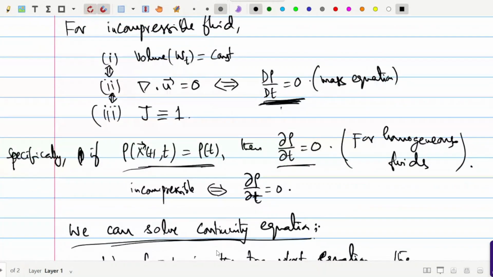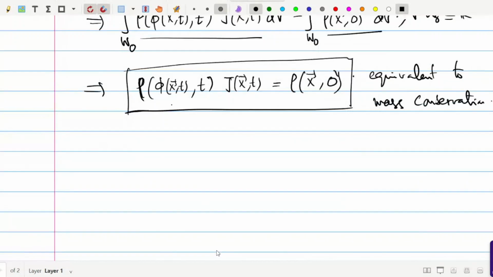So we actually calculate what is your rho of x, the spatial variation with time, and also the time variation. That, multiplied by the Jacobian, is this one. This is how you solve, trying to get it in terms of the initial density. So it's equivalent to mass conservation only.